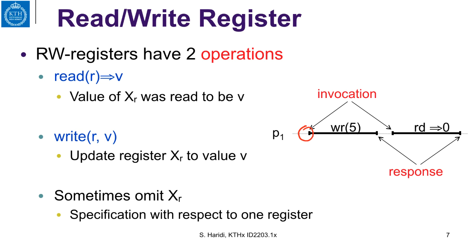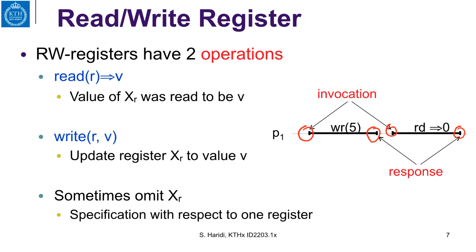It's a request now to write the value 5. And at this point, it gets a response, and the response says that the write is okay. It has been completed. And here is an invocation of a read operation, and here is the response. In this case, we got back the value 0.